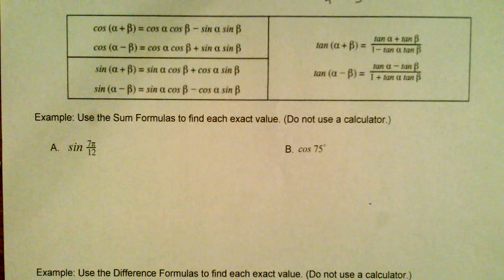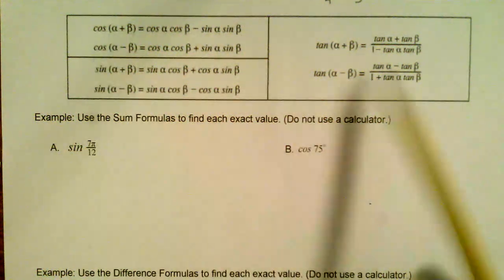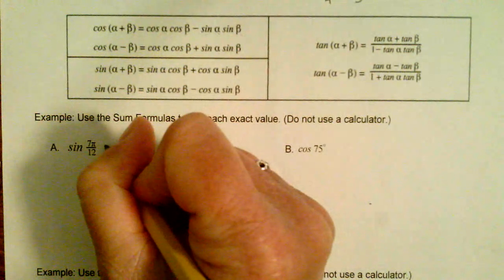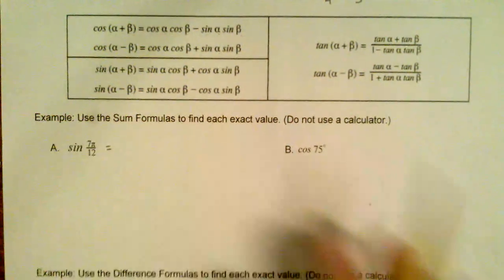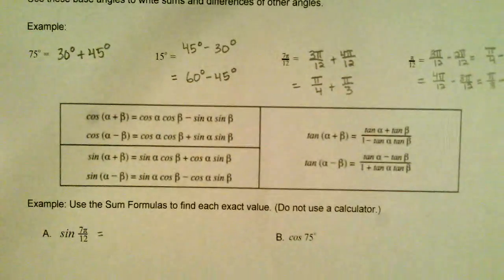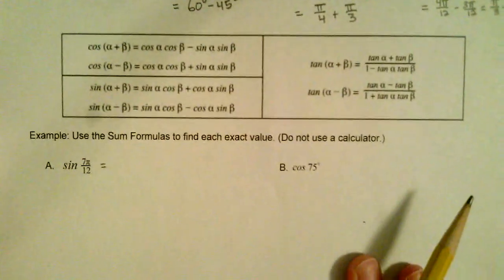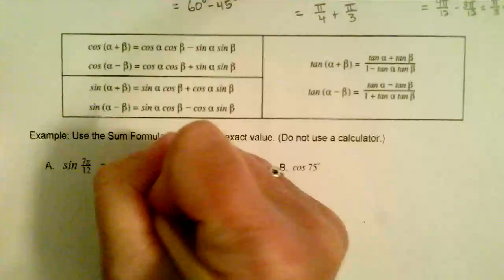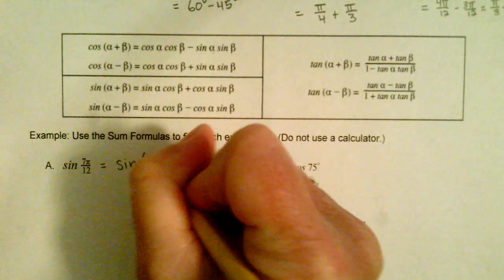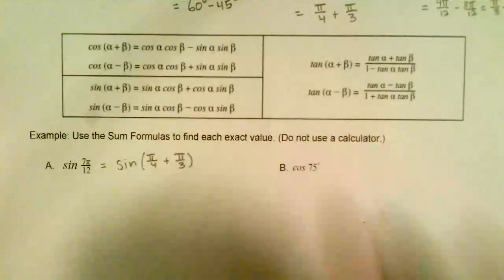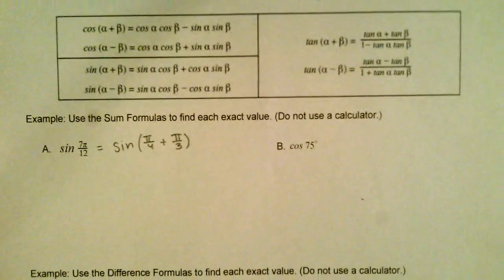So for our first example, we want to use the sum and difference formulas to find an exact value. Okay, we already found this up above. We have that 7 pi over 12 is pi over 4 plus pi over 3. So I'm going to rewrite this as sine of pi over 4 plus pi over 3. And now I'm just going to use my formula.